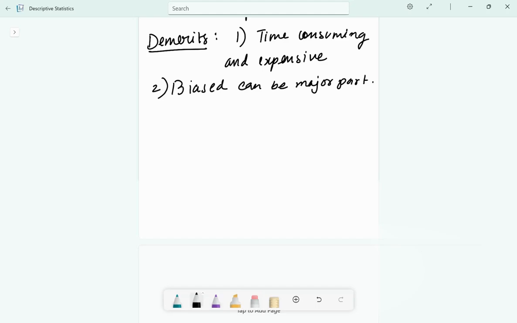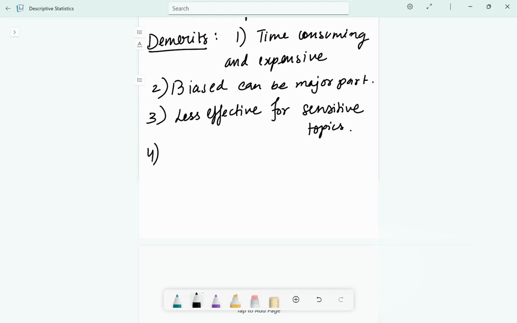Now coming to the next point of demerit, sometimes it can be less effective for sensitive topics. Now the next point is it requires expert or trained people to maintain consistency.